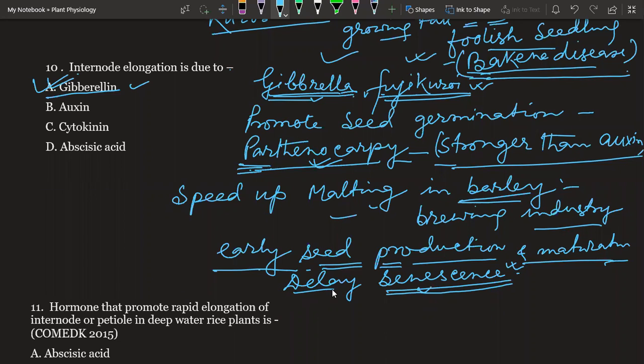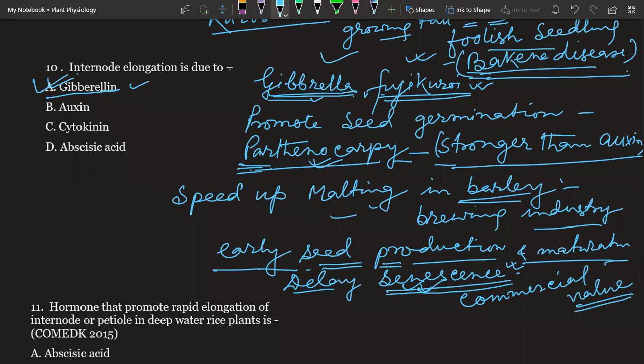As it can delay senescence, the farmer can keep the fruit longer on the tree. So this has commercial value. We may not pluck all the fruit at a time.